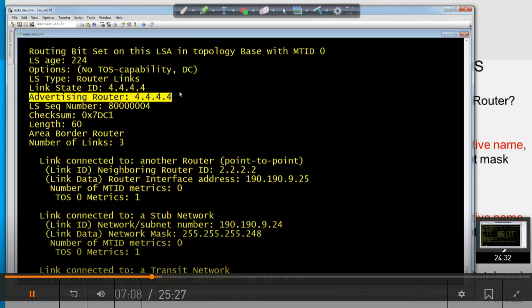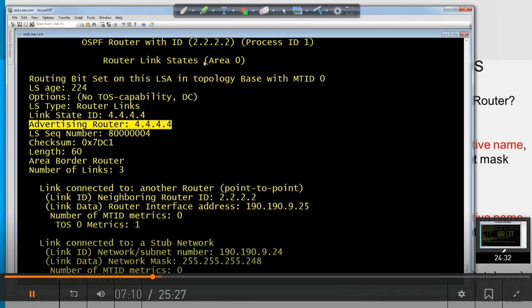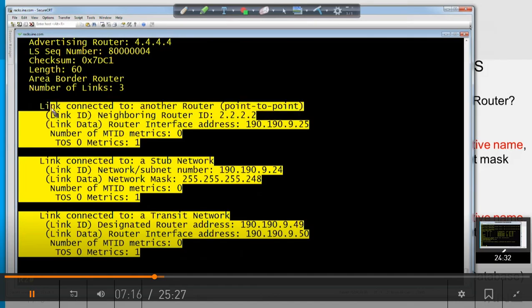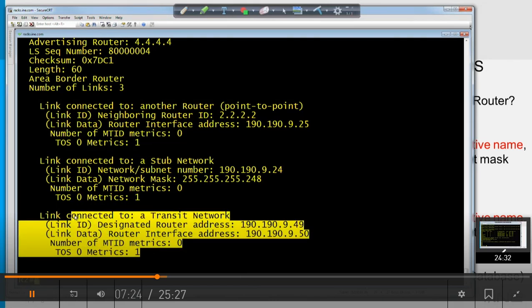Let me tell you about the links I have. He says, in area 0, I have 3 links. And here's his information about those 3 links. But the one we're concerned about, which is the 9.48, that's this one right here. No mention of a subnet mask, not inside that type 1 router LSA.